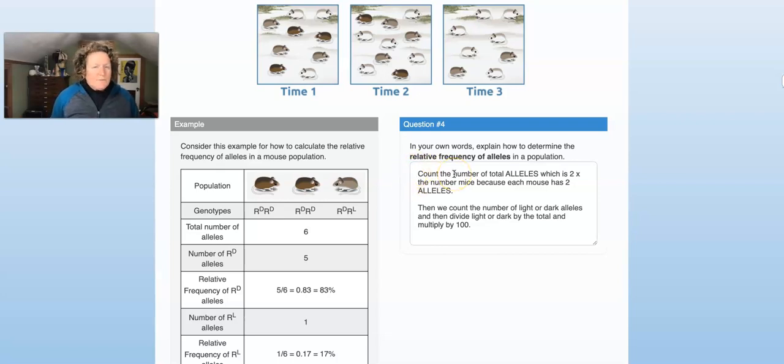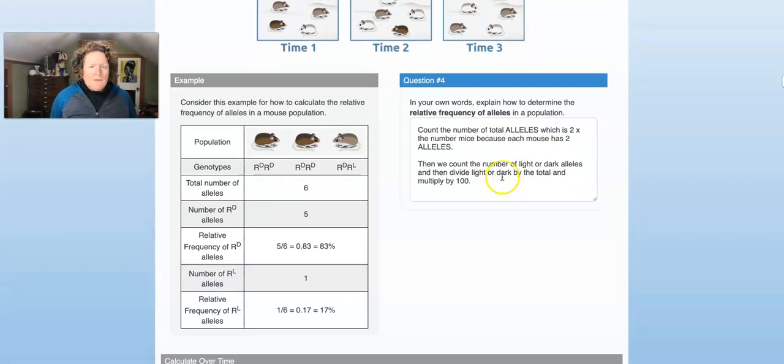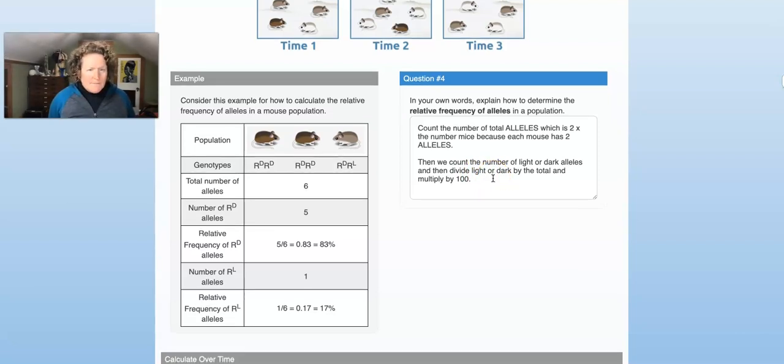So we count the number of total alleles in the population, or in our sample, which is 2 times the number of mice because each mouse has 2 alleles. Then we count the number of light or dark alleles and divide the light or dark alleles by the total and multiply by 100 to get percent.